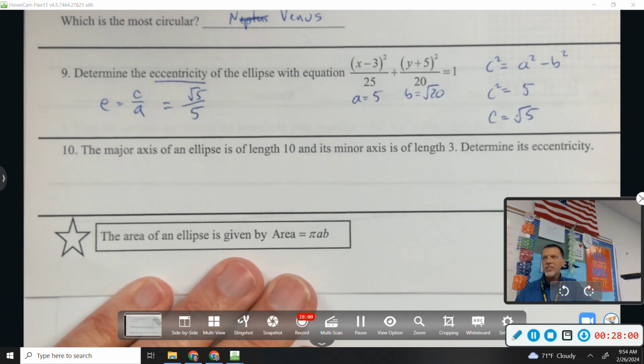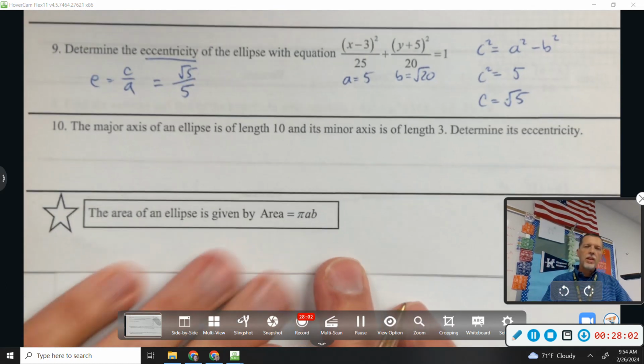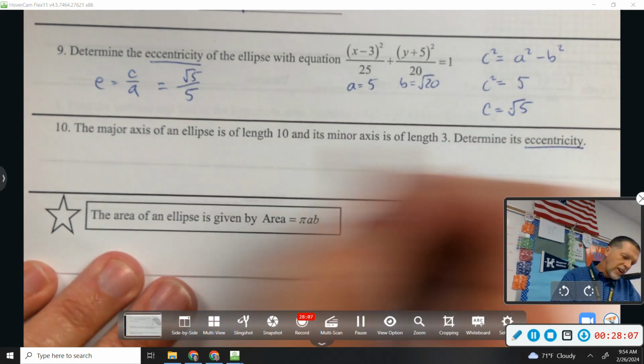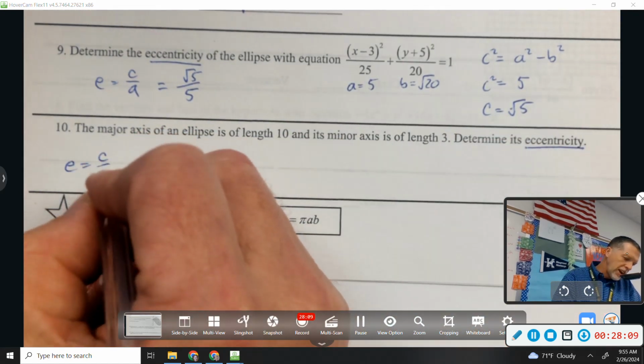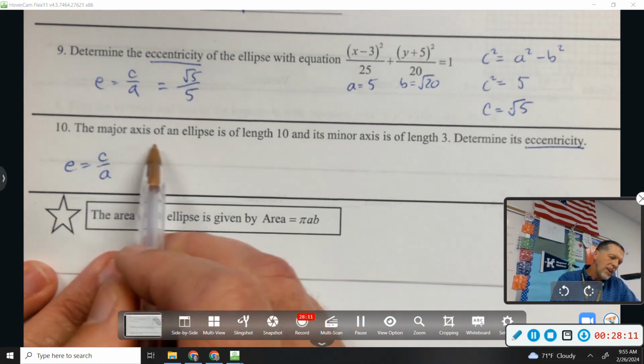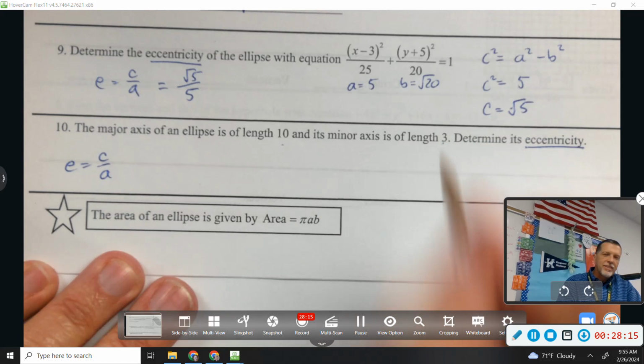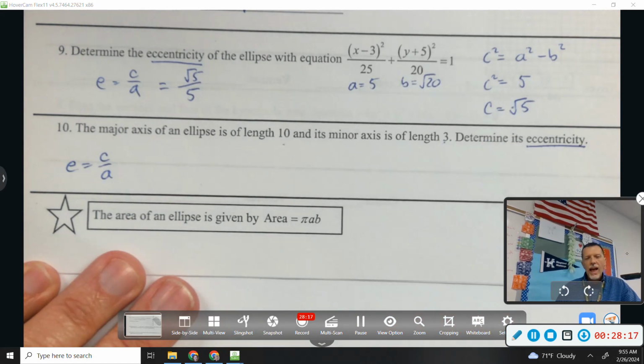Eccentricity is C over A. Number 10 also asks for eccentricity, so I'm headed for C over A. The major axis of an ellipse is length 10, and minor axis is length 3. How does that help me? What do I learn?